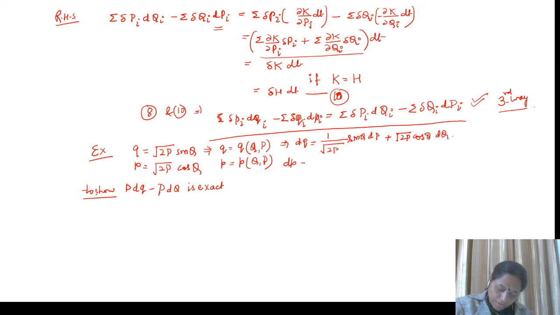And what is dp? dp implies 1 upon root 2P cos Q dP minus square root of 2P sine Q dQ, right?